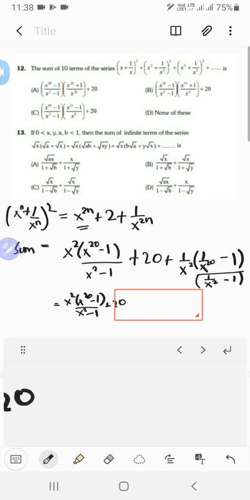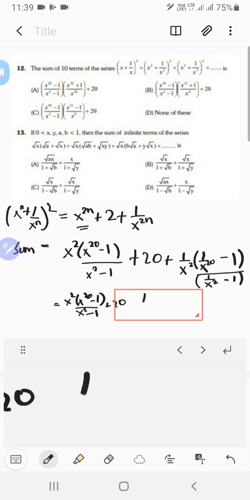What about this one? We can multiply the top and bottom by x squared to get rid of this 1 over x squared, and in the denominator we will get 1 minus x squared. What do we do with this 1 over x^20? Just multiply the numerator and denominator by x^20, so that will get rid of this term and give us x^20 over here.